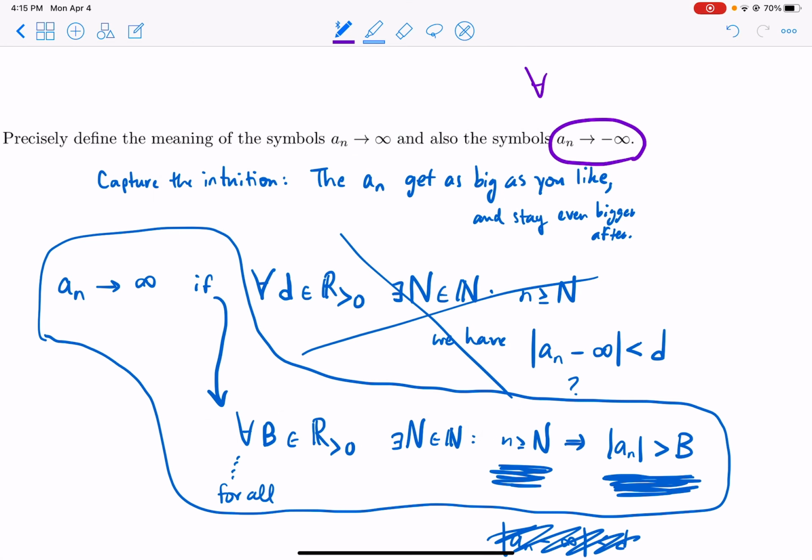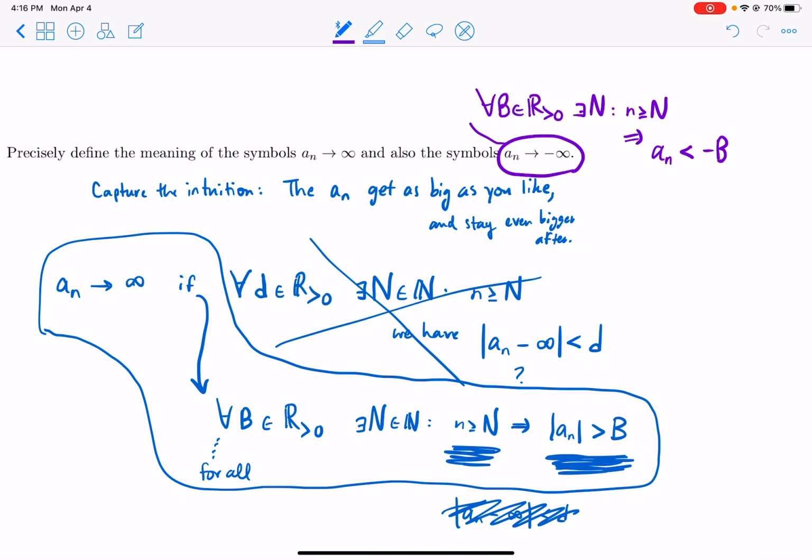So for all capital B positive, if I make it a positive number, there exists an index such that going past that index implies that the a sub n's are, well, now here's the problem. This would make it positive. So why don't we just say that the a sub n's are smaller than minus b? That would work.